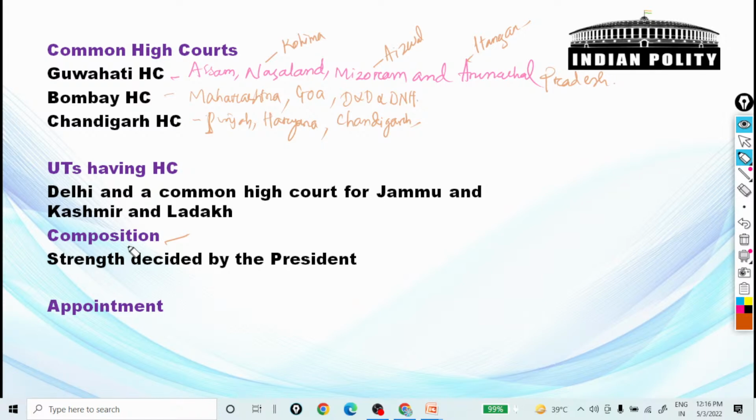There are 27 approved judges for the Odisha High Court. The strength of the High Court is decided by the President, whereas the strength of the Supreme Court is decided by the Parliament.